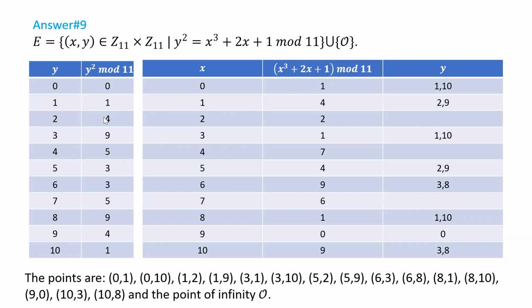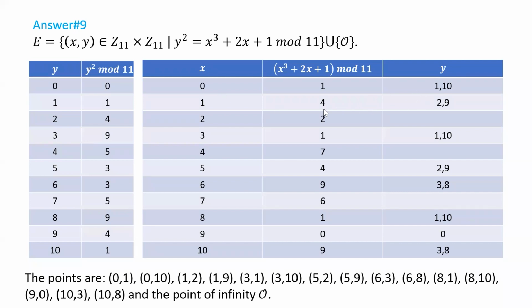Here you see that for y equal to 1 and for y equal to 10, we have y square congruent to 1 modulo 11. So the corresponding y values are 1 comma 10. That implies that 0 comma 1 is a valid elliptic curve point satisfying the equation y square equal to x cube plus 2x plus 1 modulo 11.